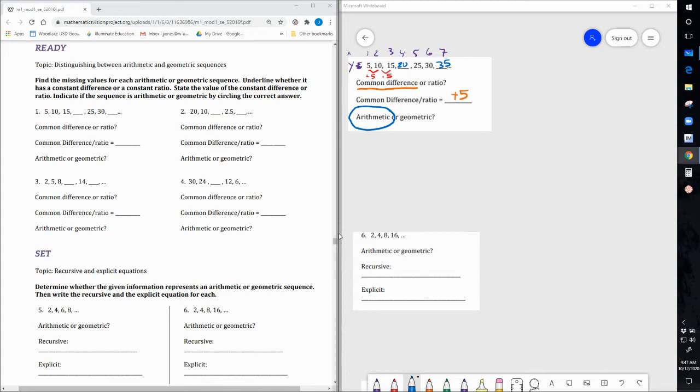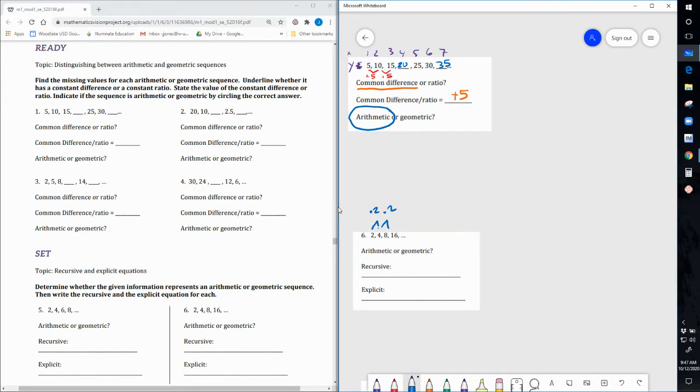So right off the bat, I say, I could add 2 to get from 2 to 4, but then to get from 4 to 8, I'm not adding 2. So I must be multiplying. So this is actually multiplying by 2 times 2 times 2. And then you realize, okay, 2 times 2 is 4, and 4 times 2 is 8.